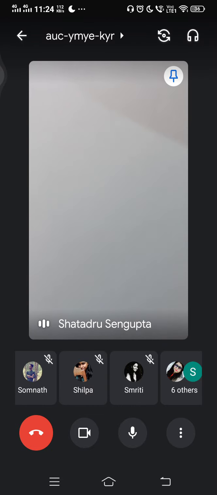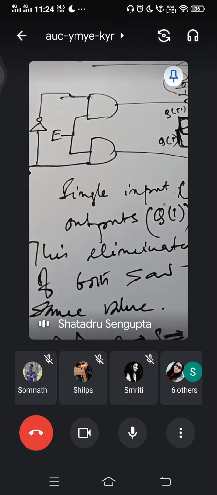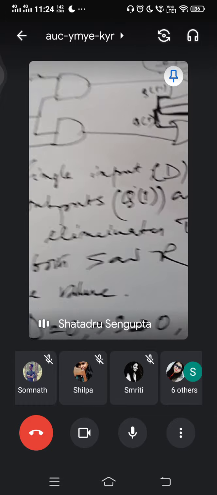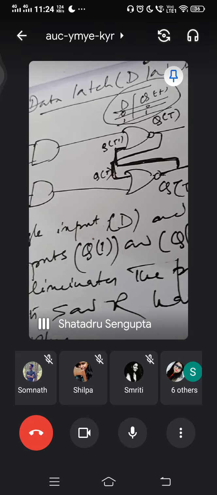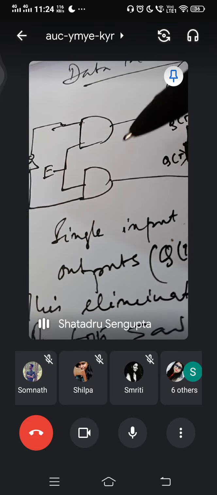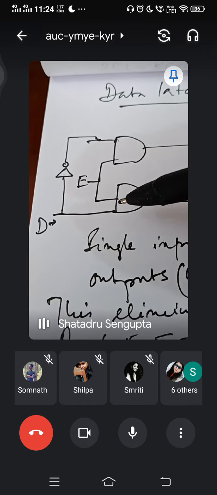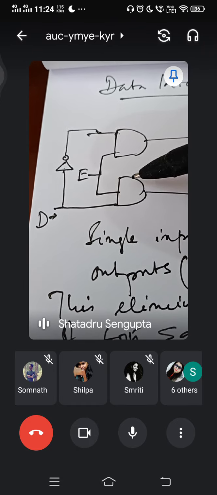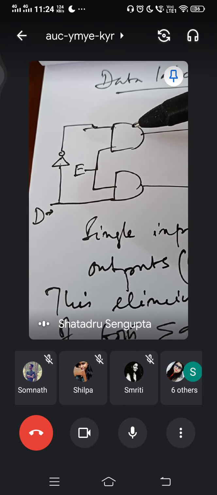A modification of that is the data latch. It is another memory element. The construction is more or less the same, except that the input, that is D, is the data input. It is brought into the second AND gate, and then it is put through an inverter, that is a NOT gate, and put as an input to the first AND gate.